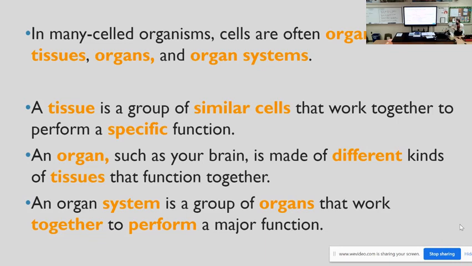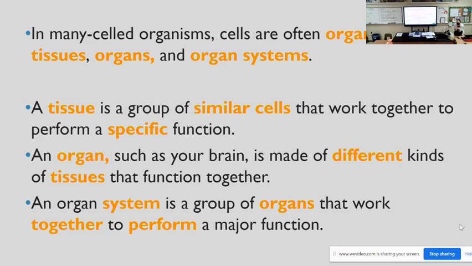So some of those tissues are smooth to help the acids in your stomach, not decompose, but break down your food. Your muscle tissue is rigid or ribbed. Your heart tissue can be smooth and more elastic to kind of help pump the blood, things like that. And then an organ system is a group of organs that work together to perform a major function in your body.